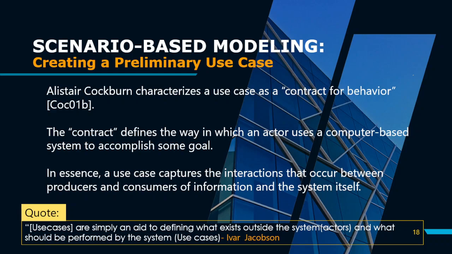Here, contract means the way in which the actor uses a computer based system to accomplish some goal. In essence, a use case captures the interactions that occur between the producers and consumers of information and the system itself. That is a few parts of creating preliminary use cases.